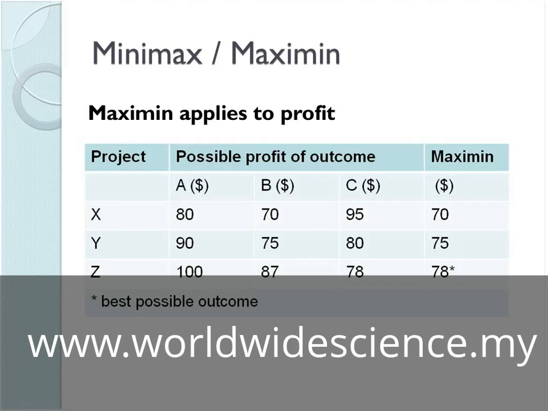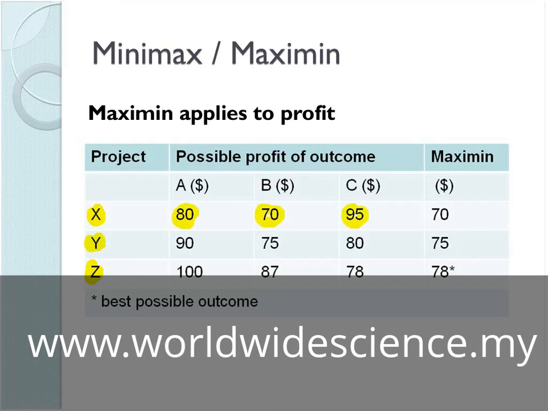So first, if you can see, we have three kinds of projects: X, Y, and Z, and the possible profit from those projects. As you can see, it's the opposite of Minimax. So here the possible profit for the project X can be $80, $70, or $95.